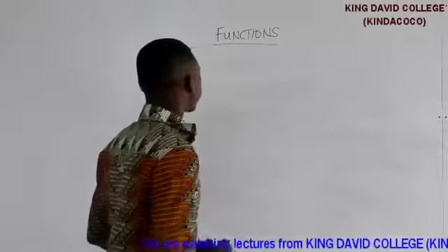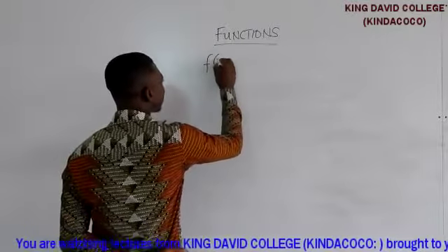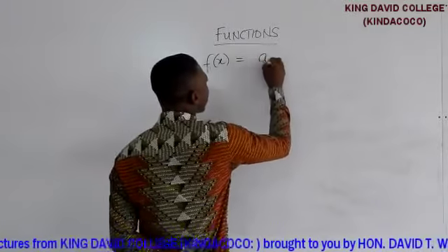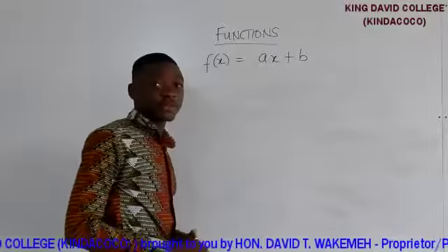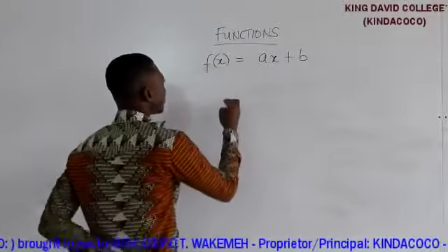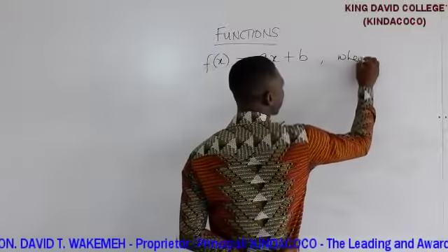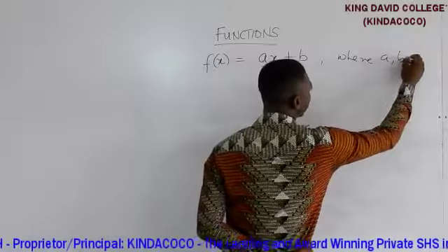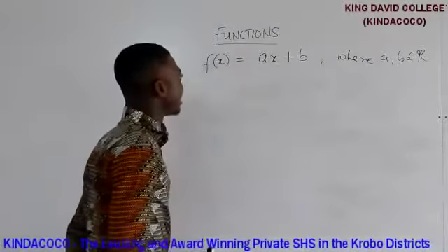Okay, now let's say you are given this function, f of x is equal to ax plus b, where a and b are real numbers, so they belong to the set of real numbers.